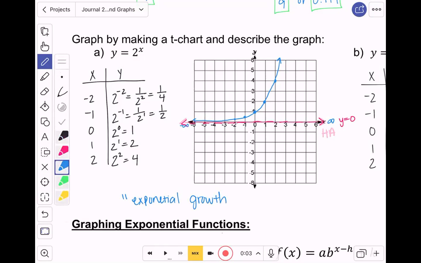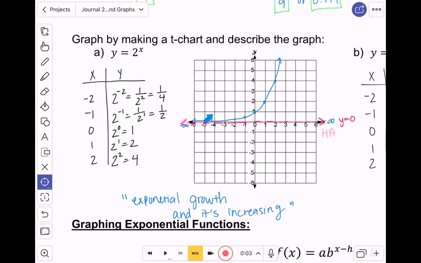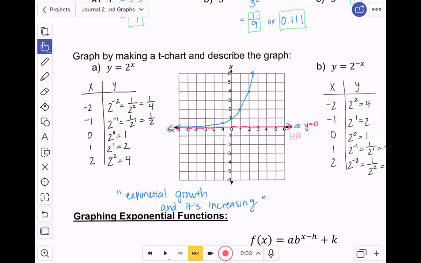And it's also increasing. Now, this is not always the case that an exponential growth is increasing, but this one definitely is increasing because as you move further to the right, it is jumping upwards. So this is growing very high as you're approaching to the right.